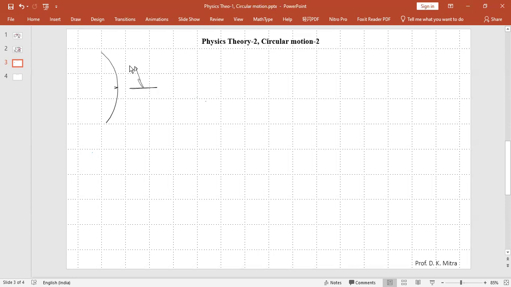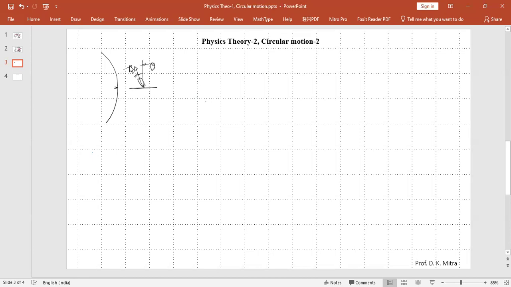Say this is the cycle tire, and this is the cycle handle. You have a tendency to lean towards the center, and maybe you lean by an angle theta.